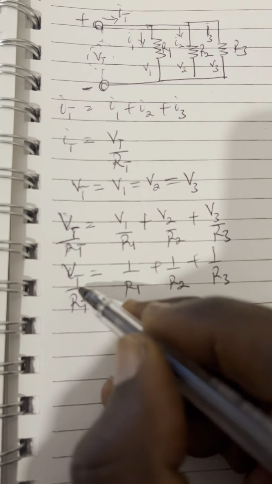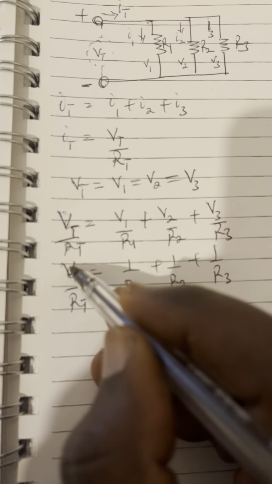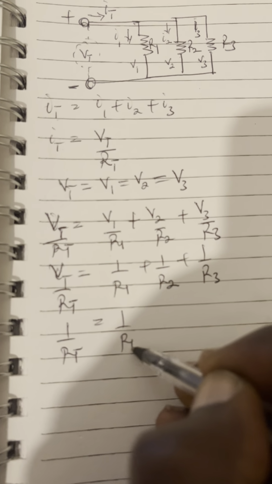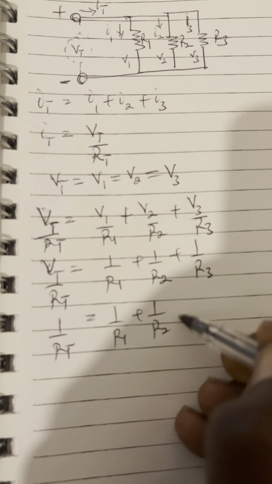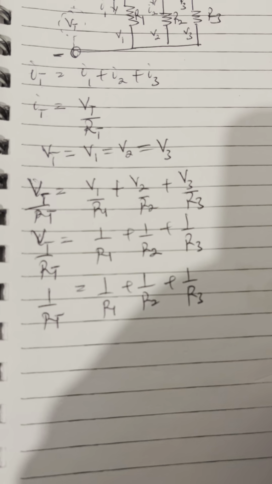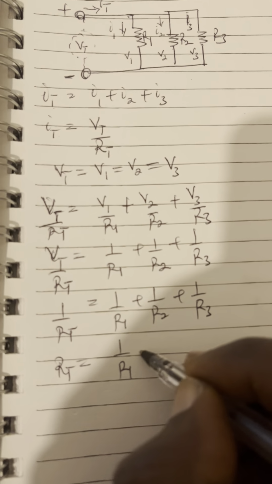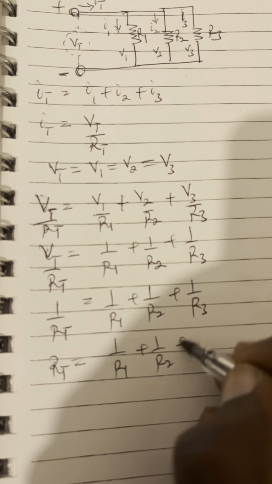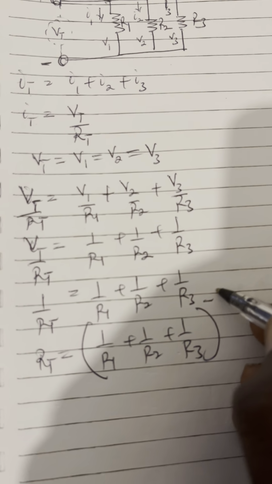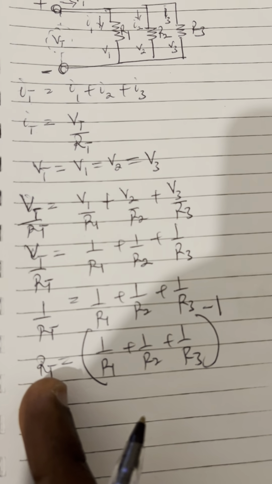Since the voltages are equal, this one too will become 1. So 1 over R total will be equal to 1 over R1 plus 1 over R2 plus 1 over R3. Therefore, R total will be equal to (1 over R1 plus 1 over R2 plus 1 over R3) raised to the power of minus 1, because the inverse of everything is what will give you the total resistance.